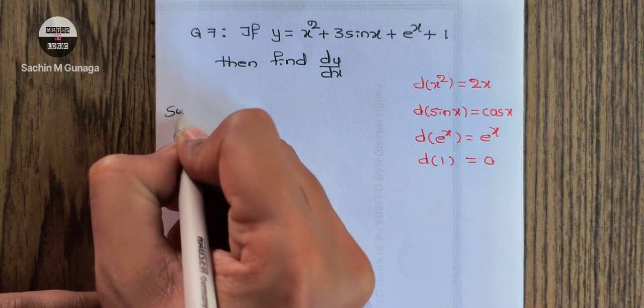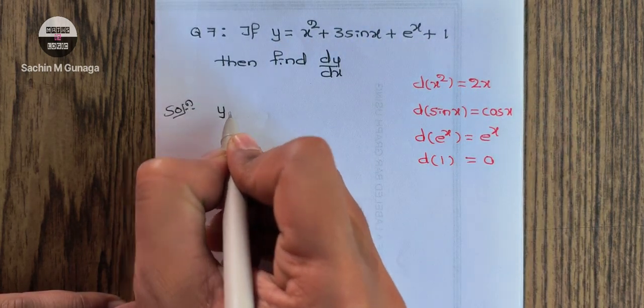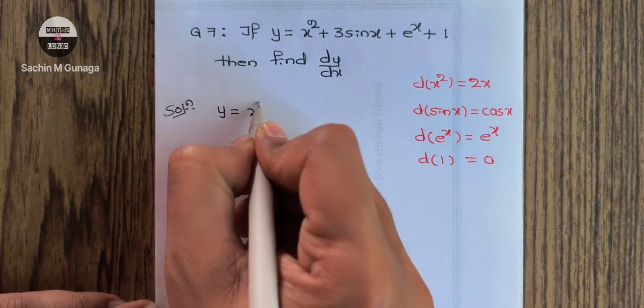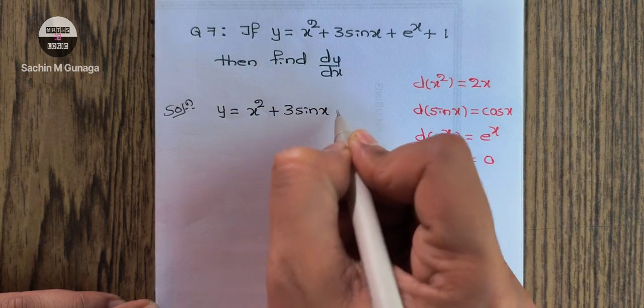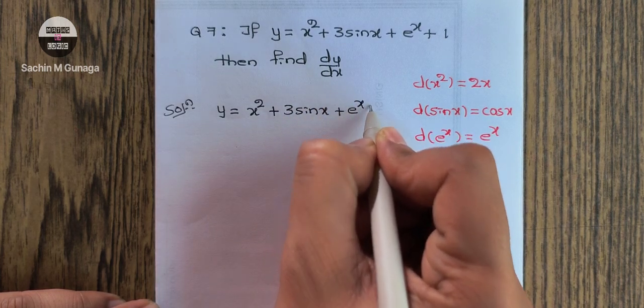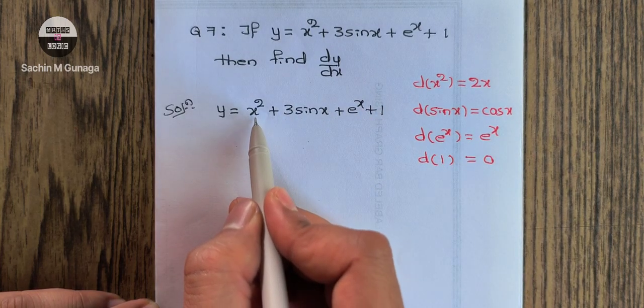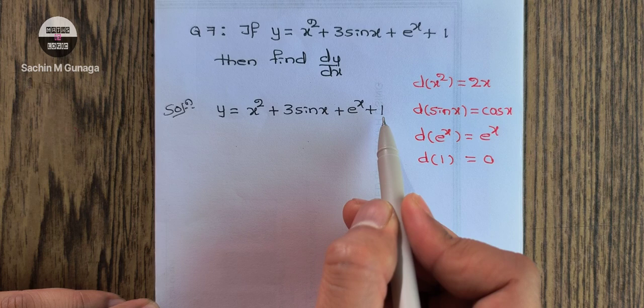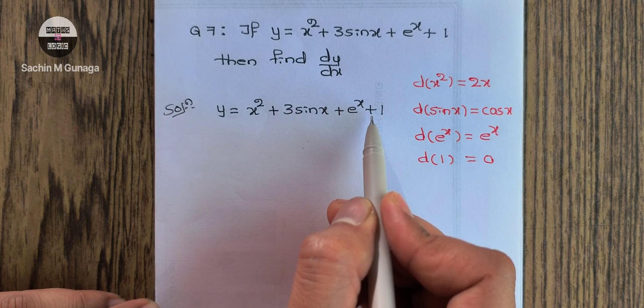Therefore here in the solution, first we will write this given function. So y is equals to x square plus 3 sin x plus e power x plus 1. So here total 4 terms are there. First term, second term, third term and fourth term. In between which sign is there? Plus sign.